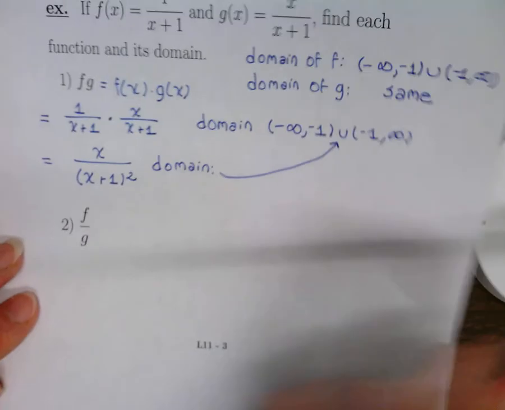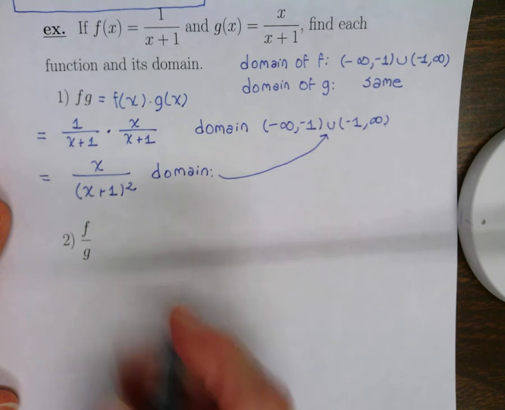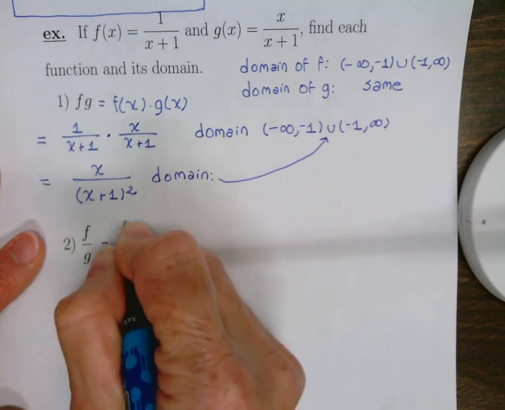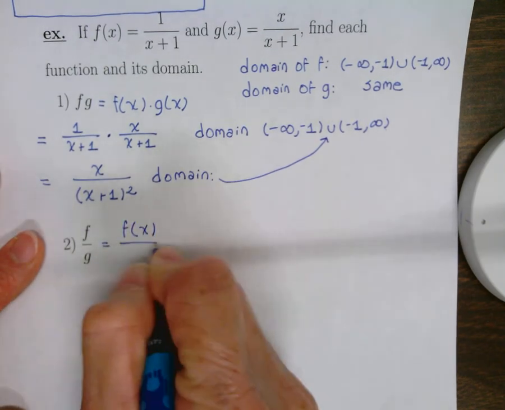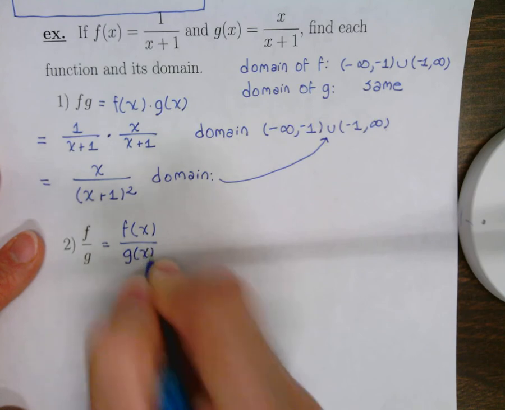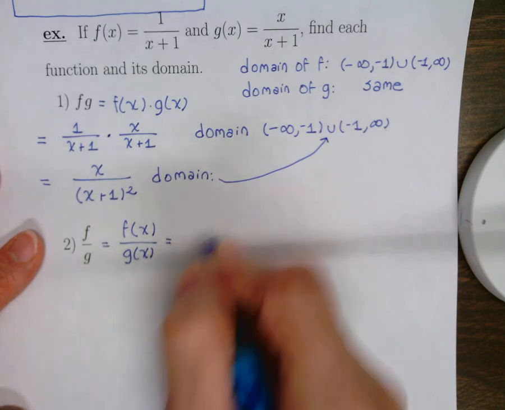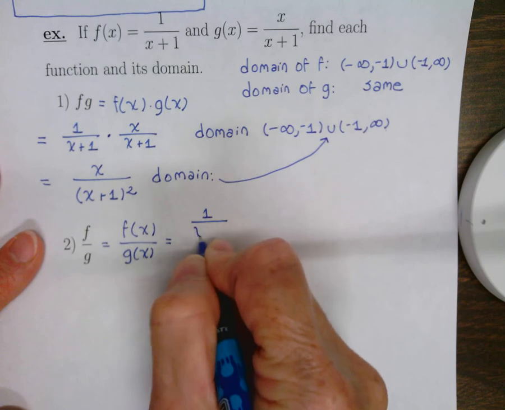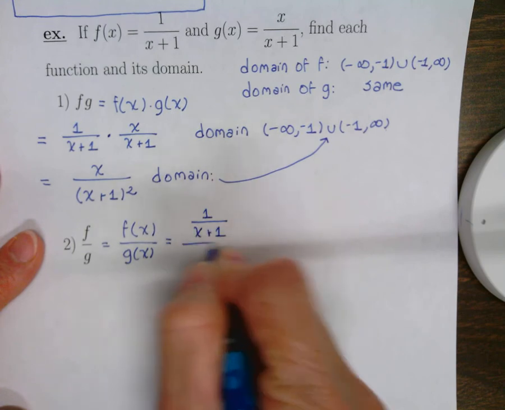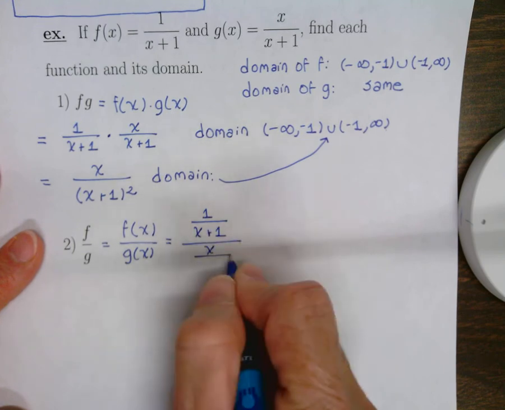Okay, now what about f over g of x? That is f of x divided by g of x. Very natural. Okay? And f of x is 1 over x plus 1, and g of x is x over x plus 1.